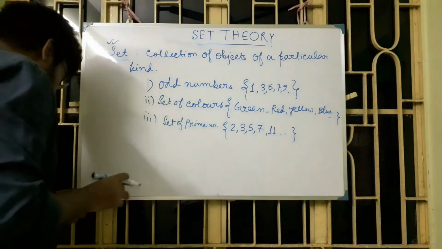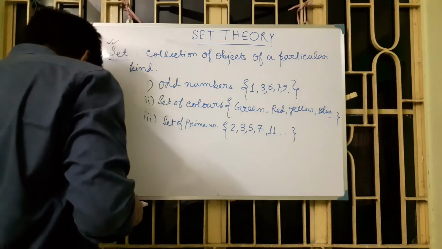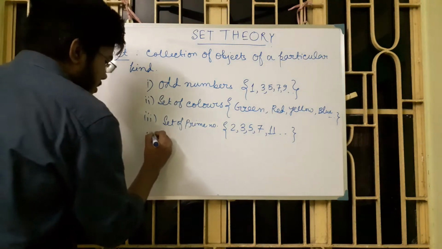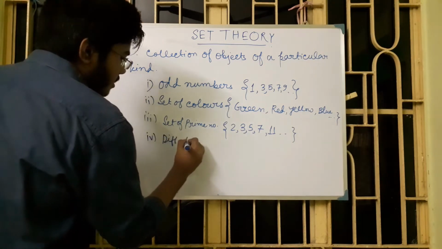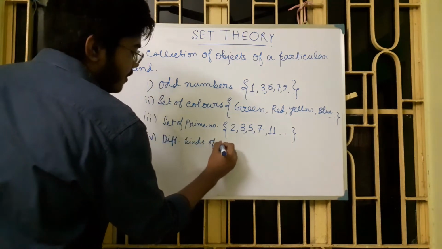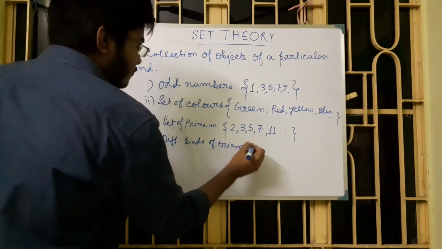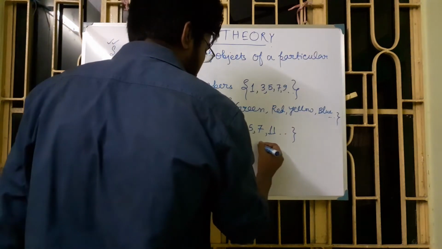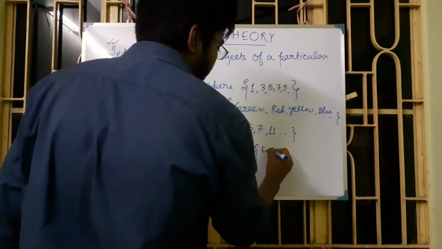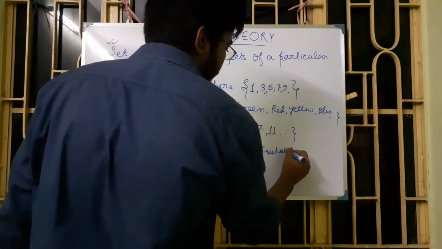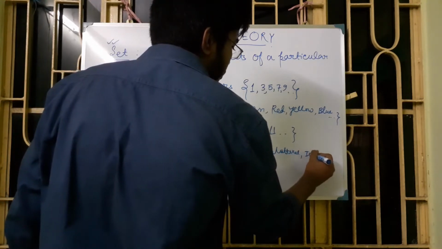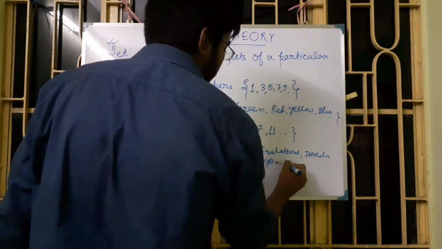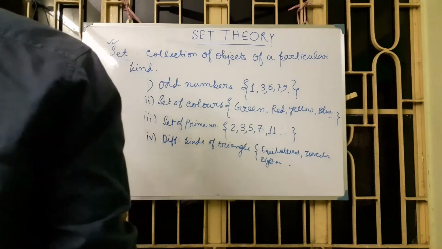Now more sets: different kinds of triangles, that is equilateral triangle, isosceles, right angle, etc. These are different kinds of triangles.